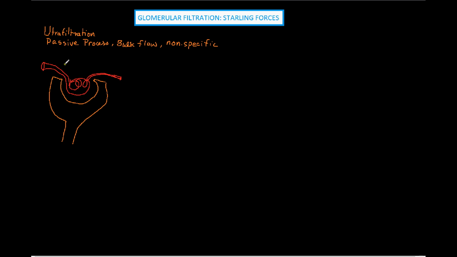This is the afferent arteriole, and this is the efferent, starts with the E, arteriole.